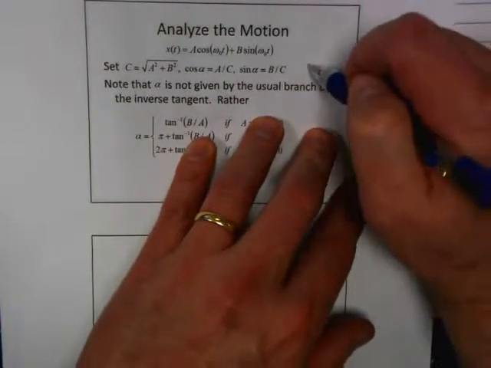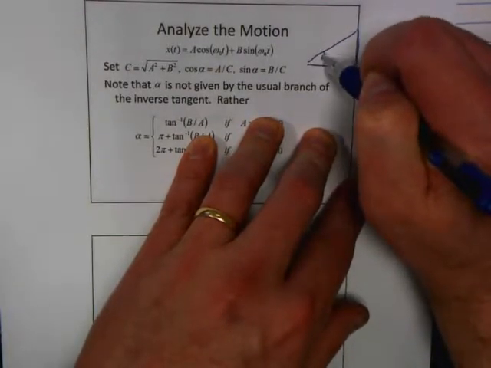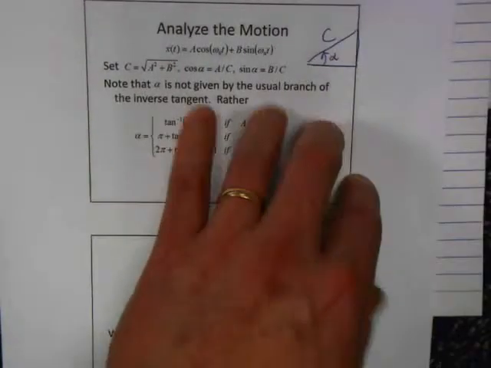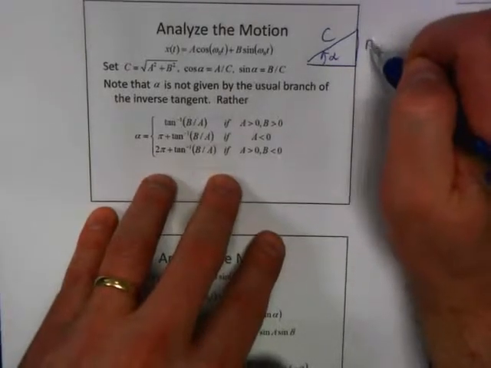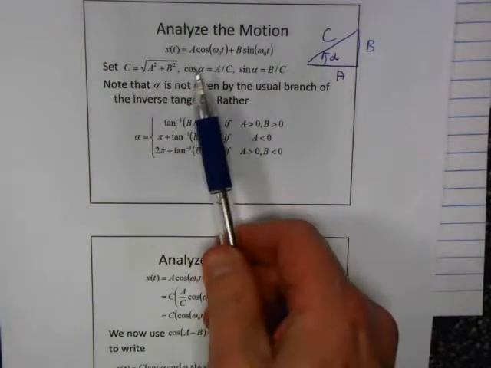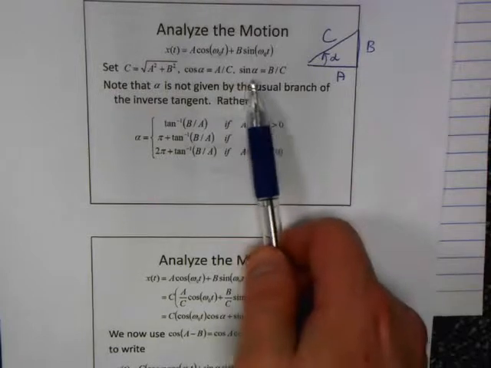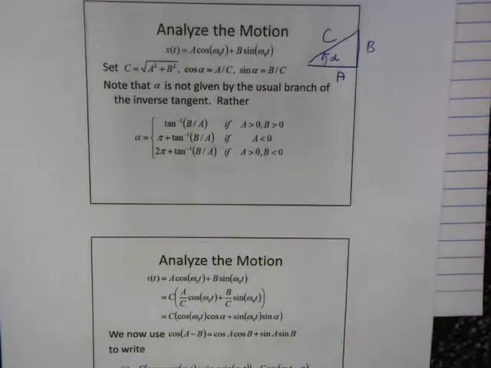That's correct. So we're making a triangle. We're calling this angle alpha. We decided to call the hypotenuse c. Which one's a and which one's b? Across is b and adjacent is a, because we want cosine of alpha to be a over c, adjacent over hypotenuse, and sine of alpha to be b over c, opposite over hypotenuse.